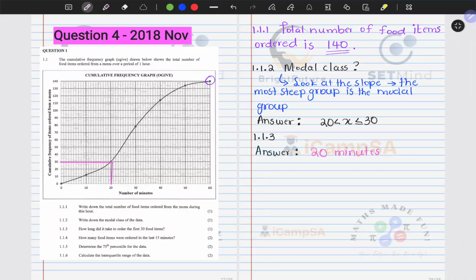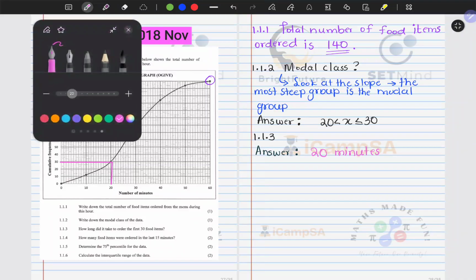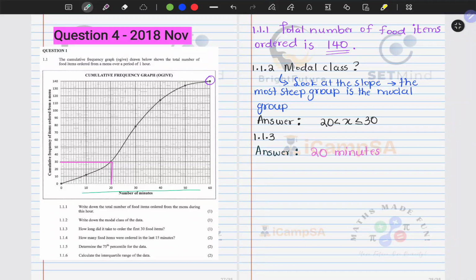Okay, so we need to think carefully about this one here. So let's read again. They're looking for how many food items were ordered in the last 15 minutes?